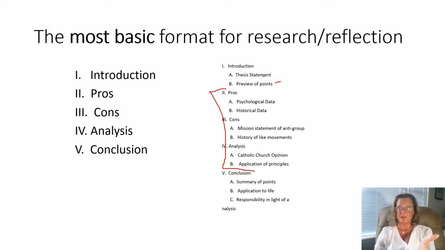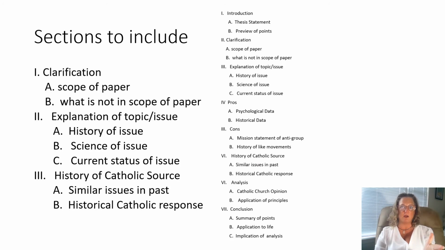Minimum, use this and work from there. I would recommend, obviously, to think critically, you're going to probably have to have a longer one, and I would say the minimum is what is included here. The Roman numerals I just noticed on the left don't match the ones on the right, but part of what a good research essay does is clarify right away for the reader the scope of this paper.